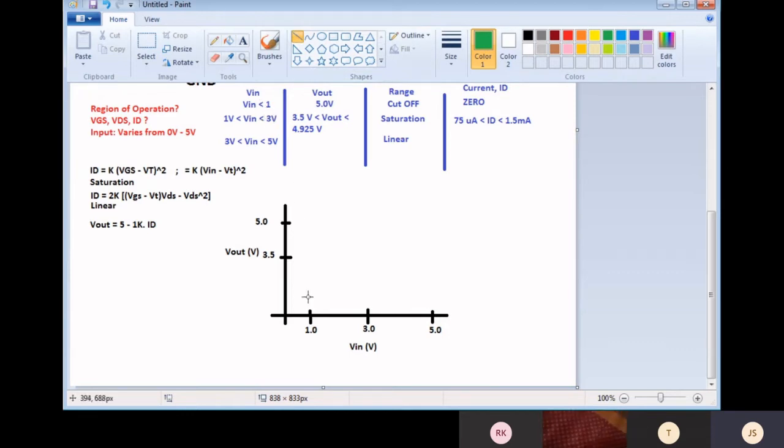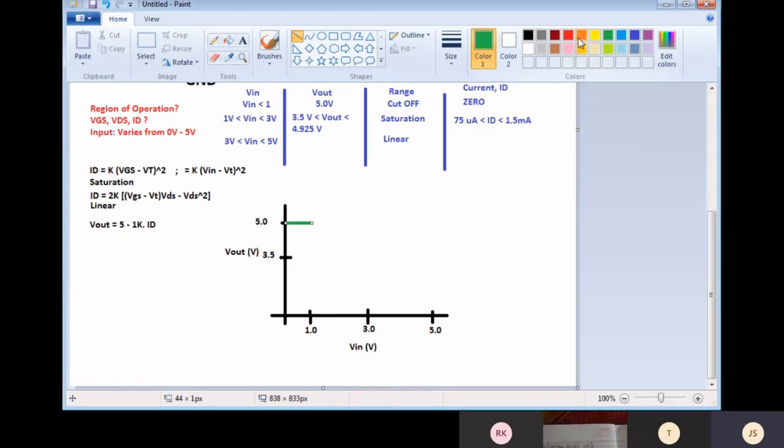V in less than 1, V out is 5. Then it goes from 4.9 to 5 to 3.5.